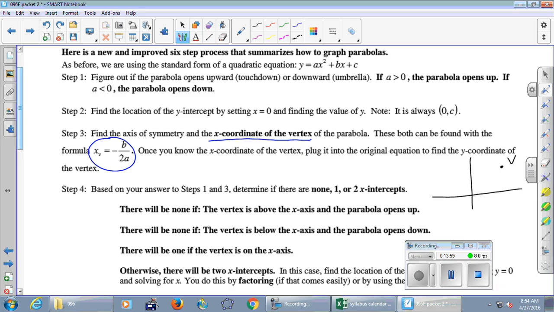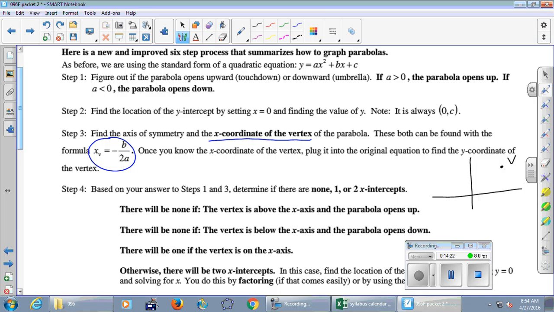How many x-intercepts does it have? None. Imagine it's the same vertex, but now that parabola opened down. How many x-intercepts? 2. It's really easy just to imagine in your head. Just pretend. And if you've determined that it has no x-intercepts because it opens up, then you don't bother ever trying to find x-intercepts. But if it opened down, you say, oh, I know there's going to be 2 x-intercepts and I'm going to find them.